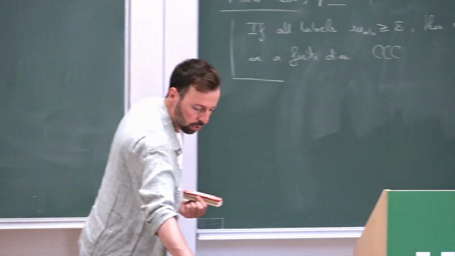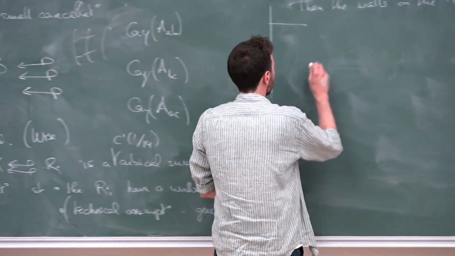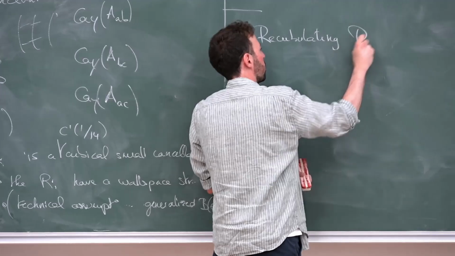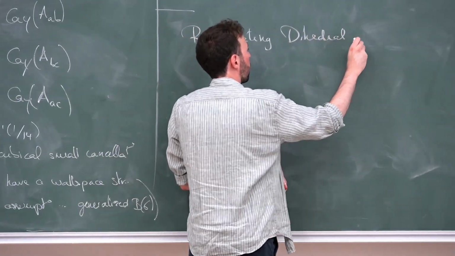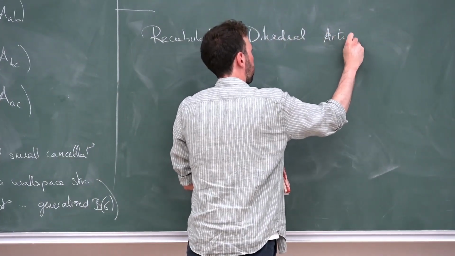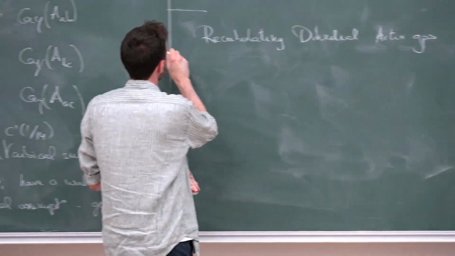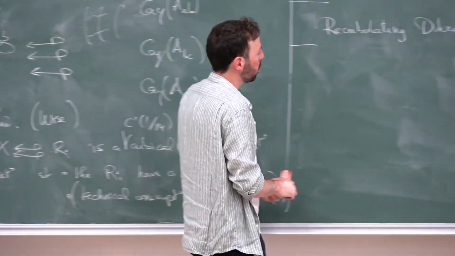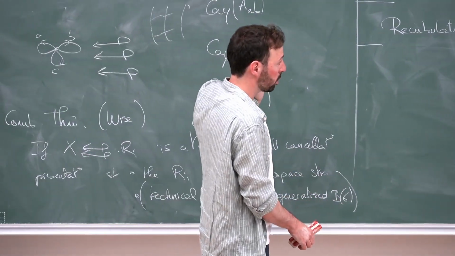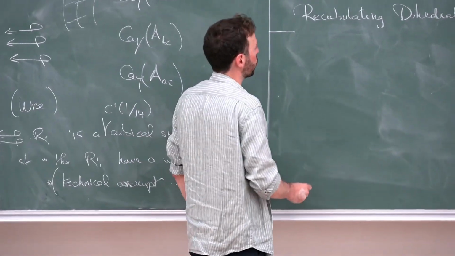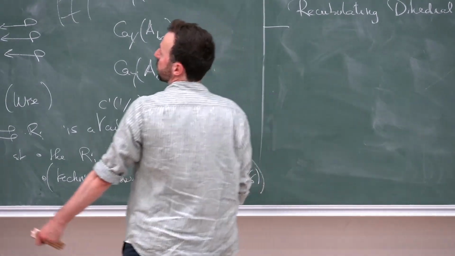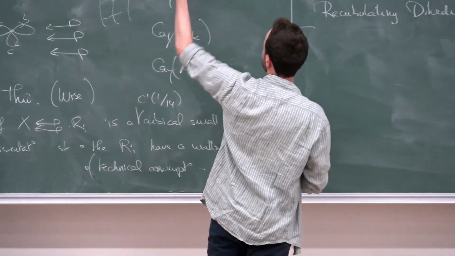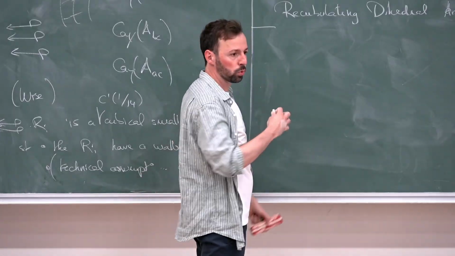And so the key thing to apply this theorem was re-cubulating dihedral Artin groups. What we would like is to be able to construct a wall space structure on our dihedral Artin groups, and we know that they don't have a nice small cancellation geometry, but still we can try to follow what Wise did.